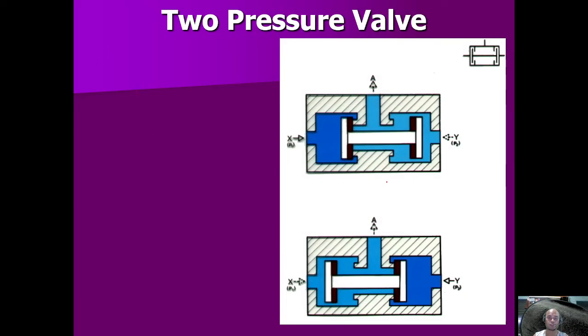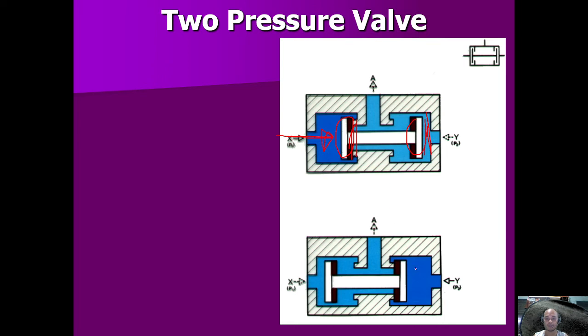Okay, next we have a two-pressure valve. If we have pressure only in X, this spool will be pushed, and then it will close both inlet pressure. So there will be no flow in the valve.